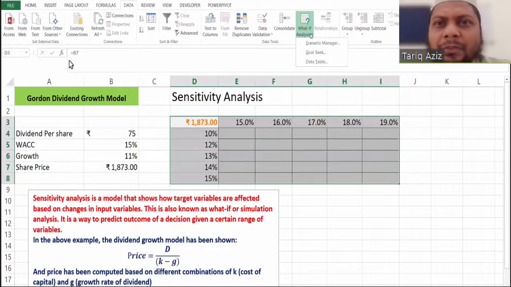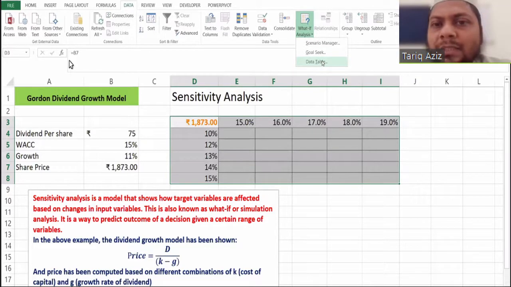Is it visible? Yes, sir. Okay, Kanishka. Under this What-If Analysis, there are three options. The first one is Scenario Manager, the second one is Goal Seek, and the third one is Data Table. In sensitivity analysis, we are going to use this third one, that is Data Table.